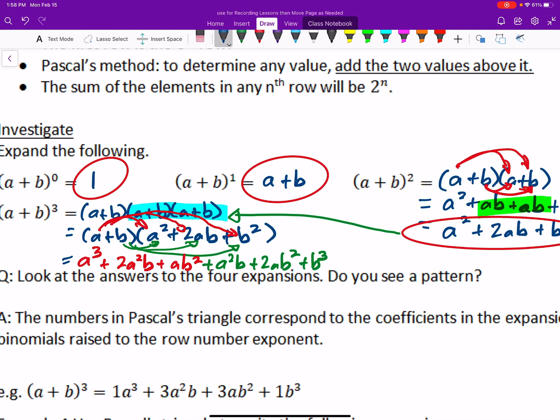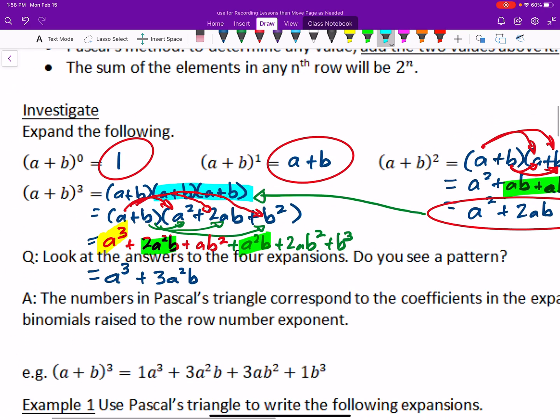So I'm just going to write underneath here and pretend that line isn't there. And collecting my like terms, I'm starting with my highest a's, I got a cubed. And then I'll go to my a squareds next. So I've got an a squared b there, and I got another 2a squared b, which gives me 3a squared b. Then I'll move on to my just a's with no exponent on it.